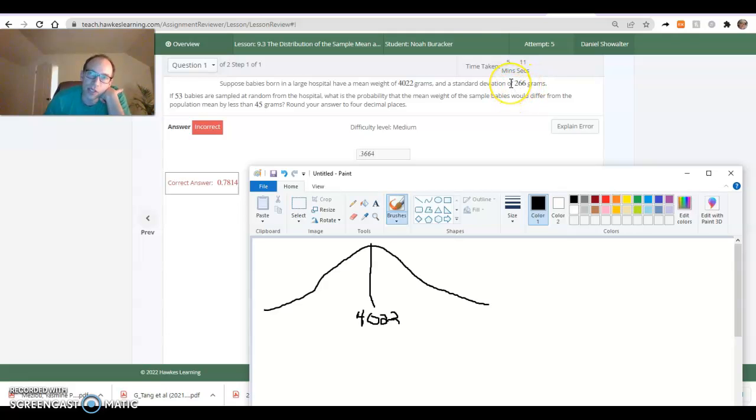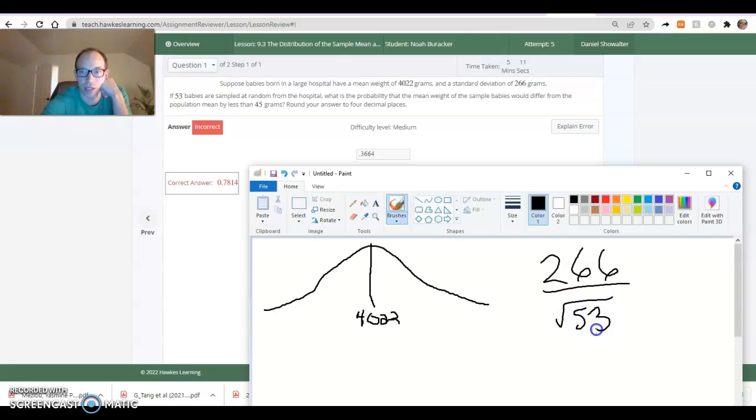So this looks like a question from chapter, what was it, 8? The difference here is we have a mean of a sample of 53 babies. What this really affects is the standard deviation. Instead of 266, it'll be 266 divided by the square root of the sample size.